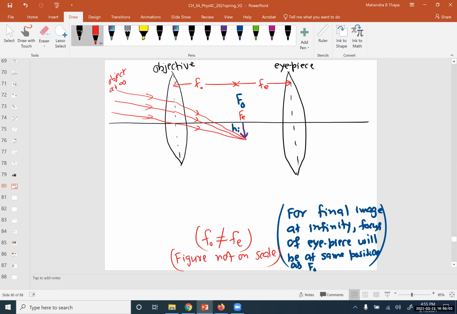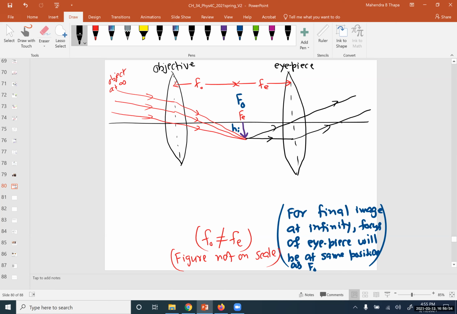So you know that if this is the case, this is the image for the objective and the object for the eyepiece. One ray parallel to the principal axis will go through its focus to the other side, and one through the optical center also passes straight.